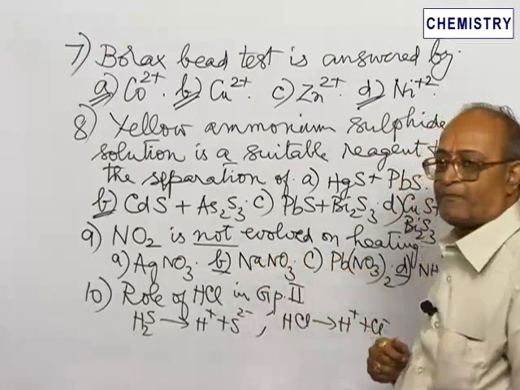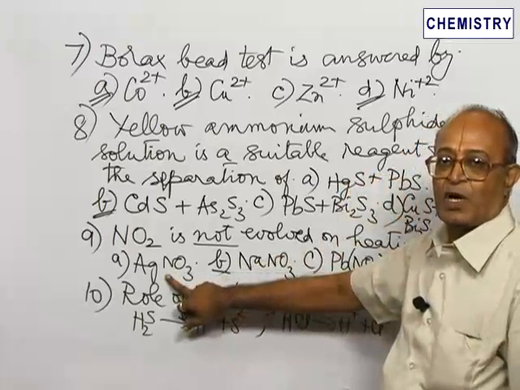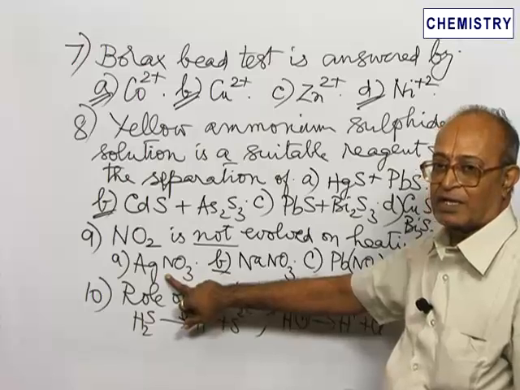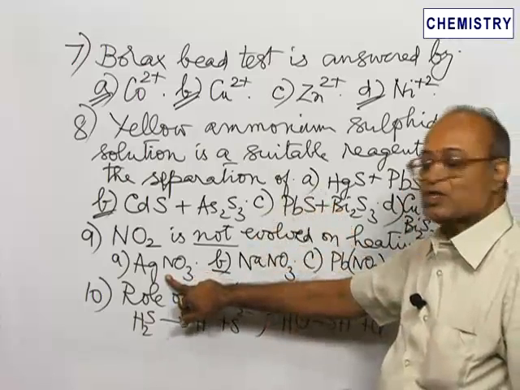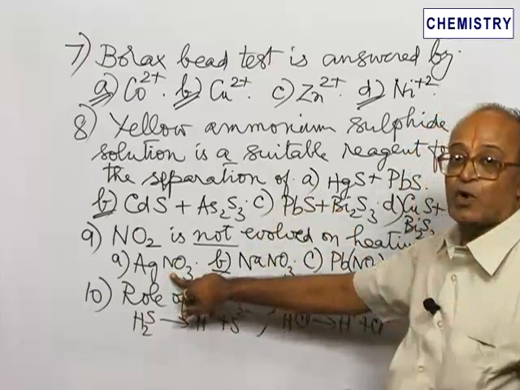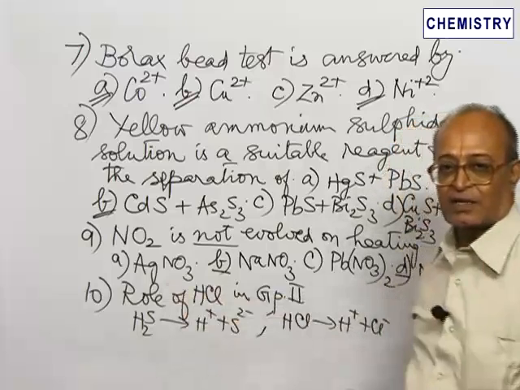Silver nitrate, in the previous problem we have seen, on heating gives Ag, NO2 and oxygen. So, action of heat on AgNO3 will liberate NO2. So, A is not the correct answer.